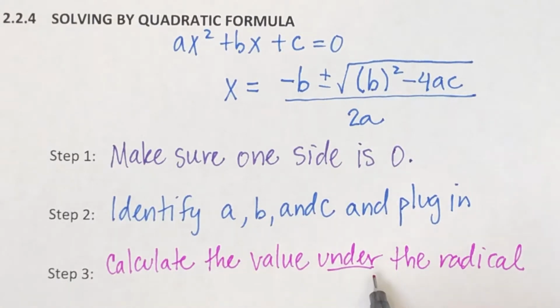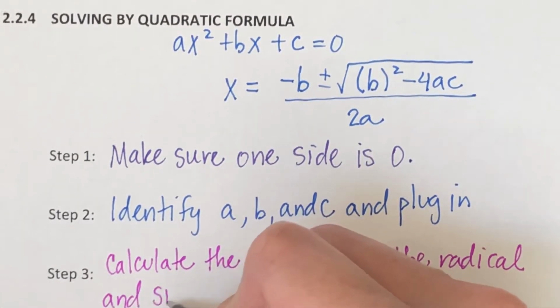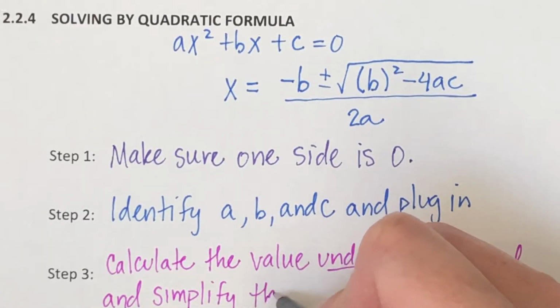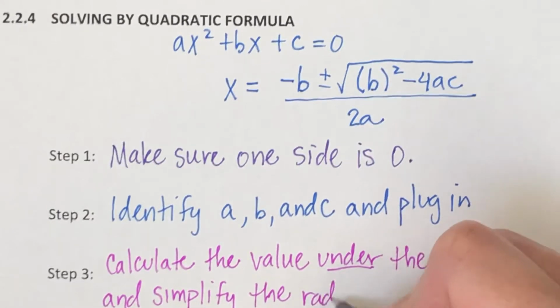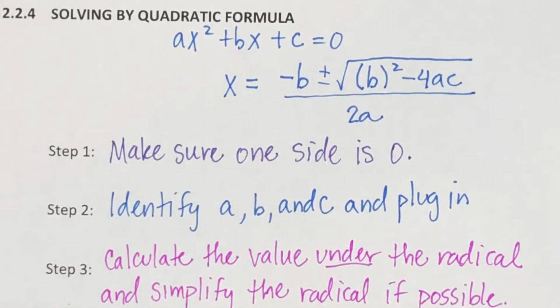So calculate the value under the radical and simplify the radical if possible. So calculate the value under, not including the radical in your calculator, and clean it up if you can.